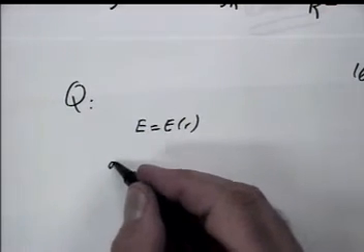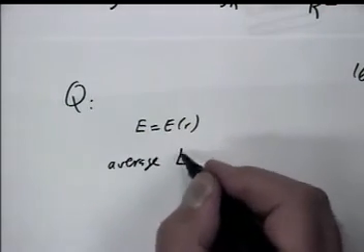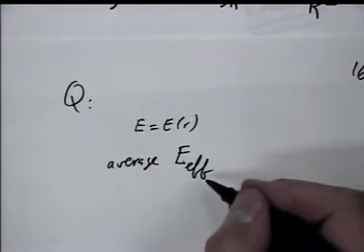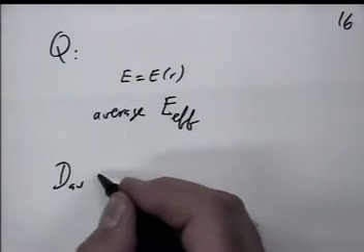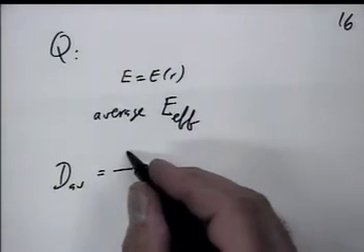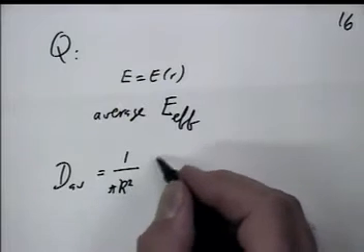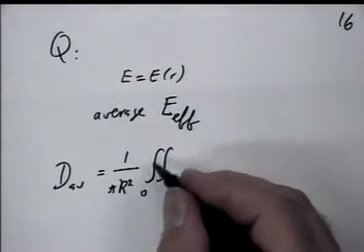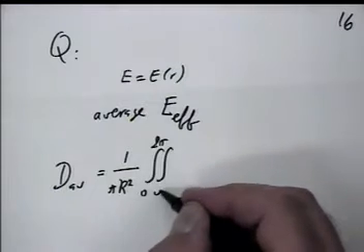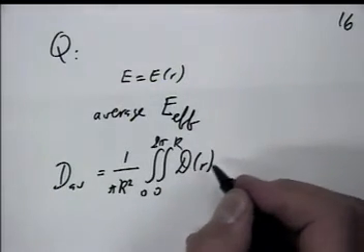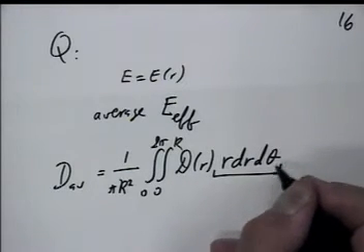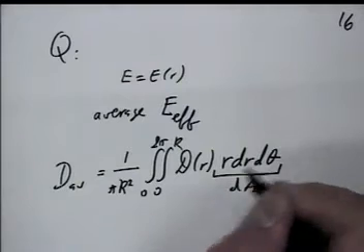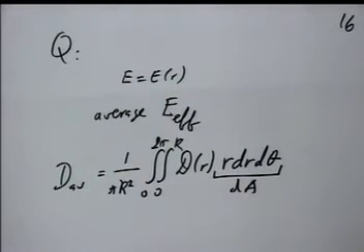We can calculate some average D or effective D. The average we can calculate as follows: 1 over pi R squared, and then the integral from 0 to 2 pi, from 0 to R, of D(r) r dr d theta. This is dA, an element of the area.